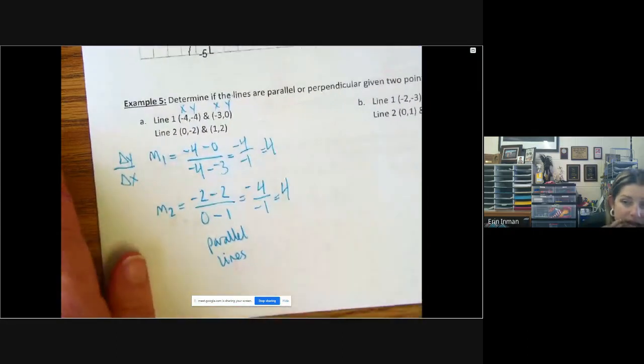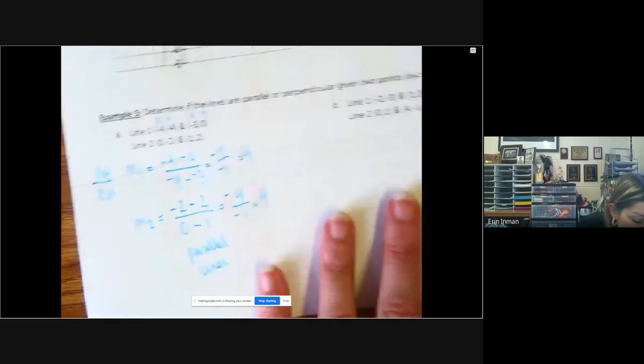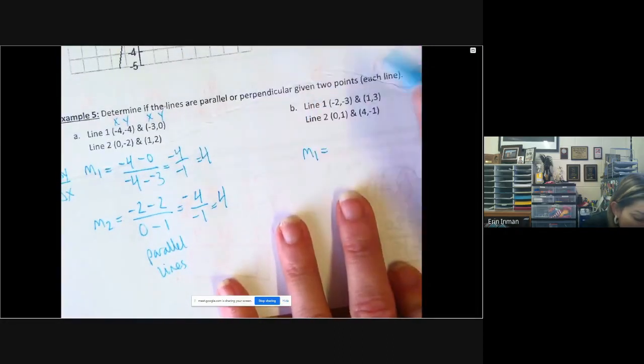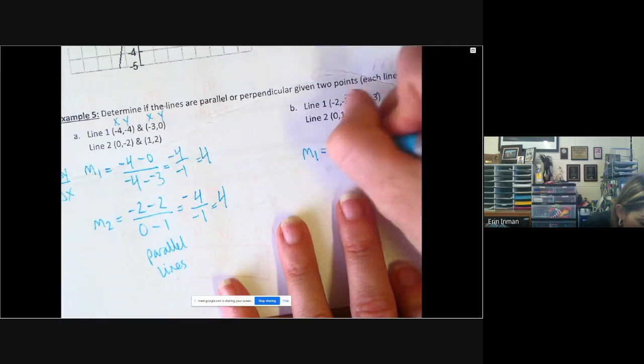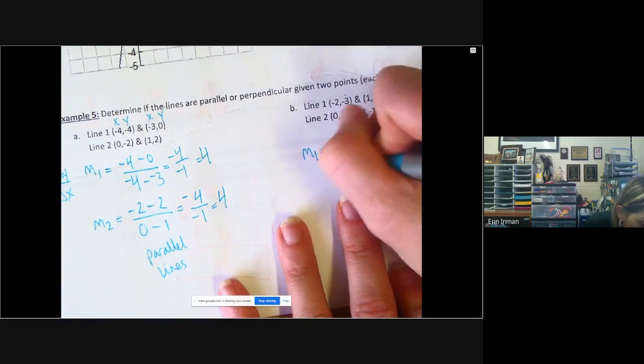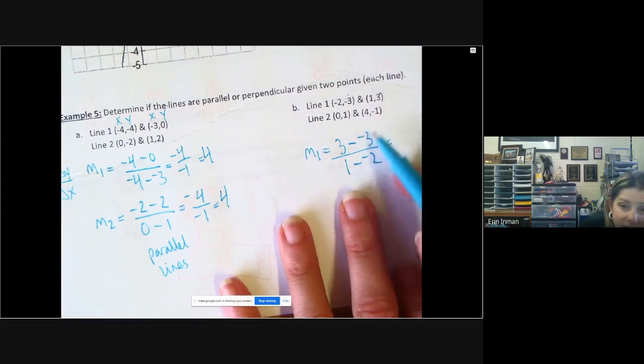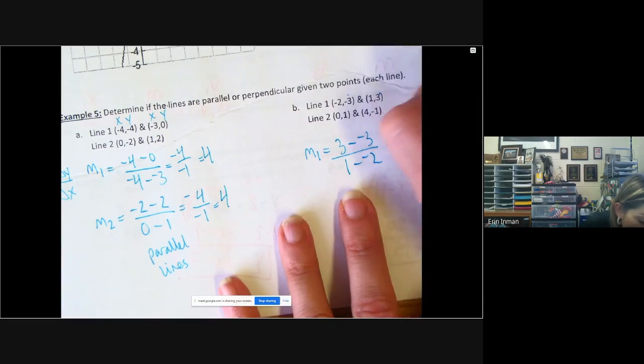Okay. And let's look at the second example. In the second example, for my first slope, I could start from this point, I could go 3 minus negative 3 over 1 minus negative 2. Just remember, as long as you stay consistent with whichever ordered pair you're starting with. So this ends up being 6 over 3, that's 2.